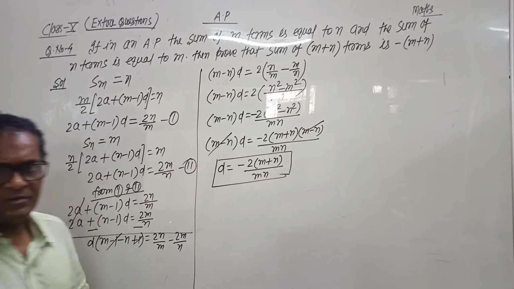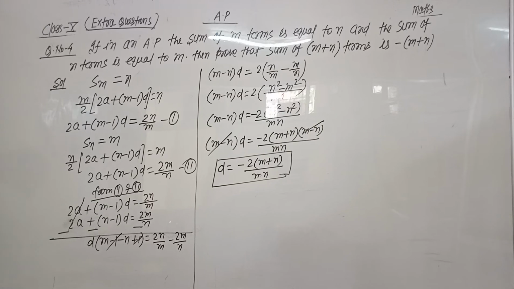This is the value of d, minus 2(m plus n) upon mn. So we get the value of d.